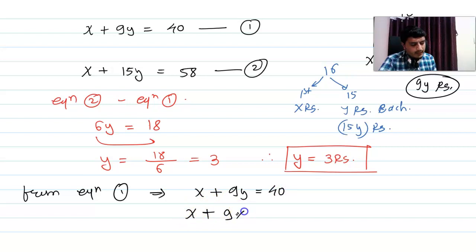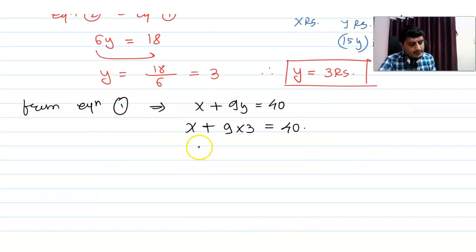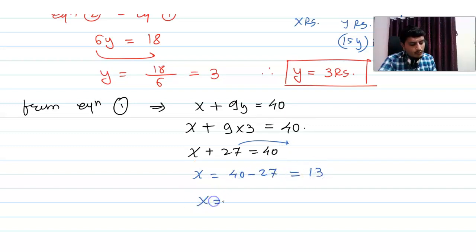So x plus 9 into 3 equals 40. 9 threes are 27. So x plus 27 equals 40. Once we shift the 27 from LHS to RHS, the value of x is 40 minus 27, that is 13. So the fare for the first kilometer is rupees 13.